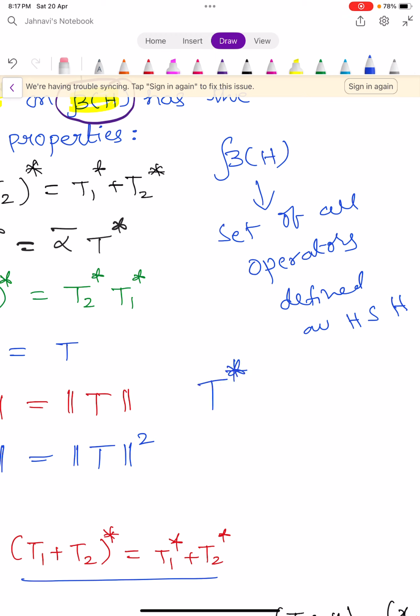And T star means the adjoint of an operator T. Remember that word, adjoint of an operator T.